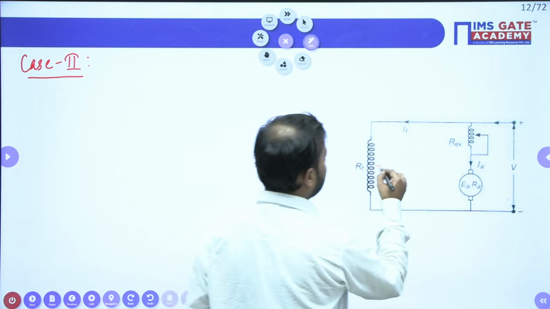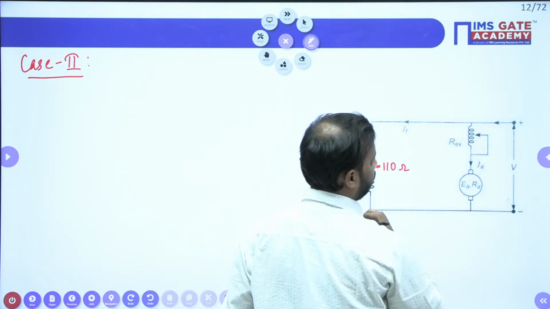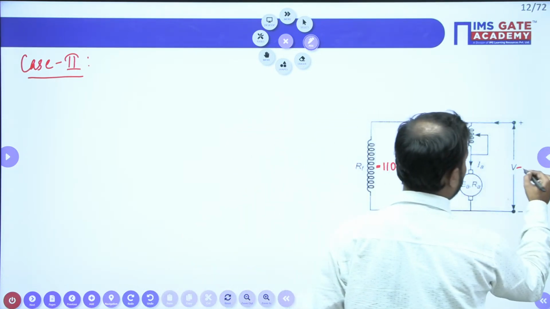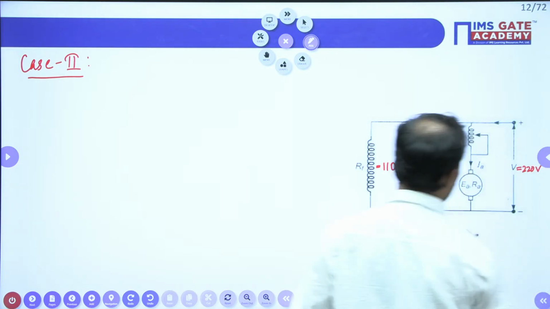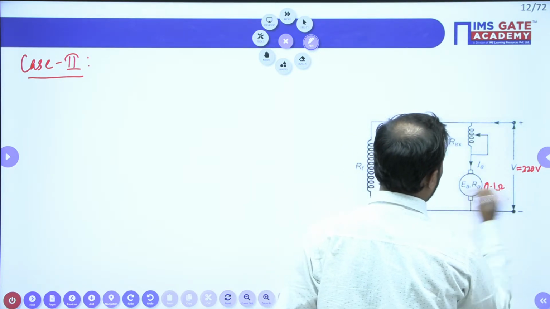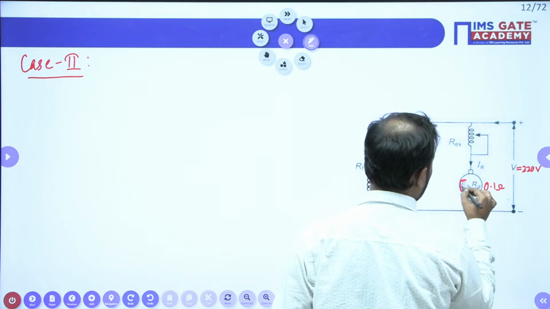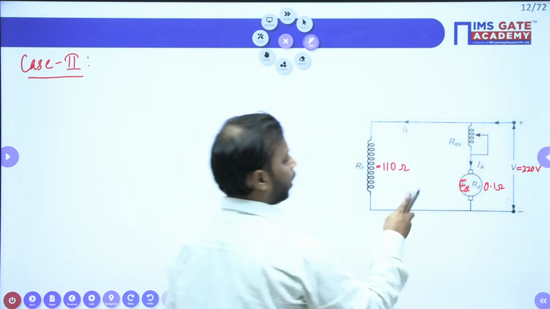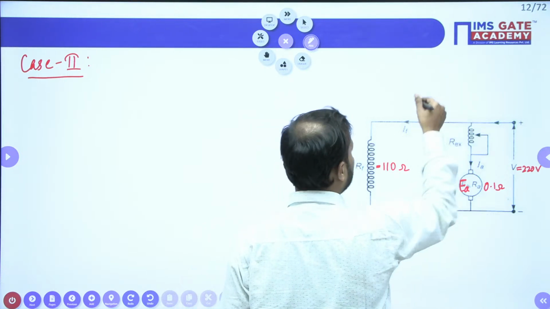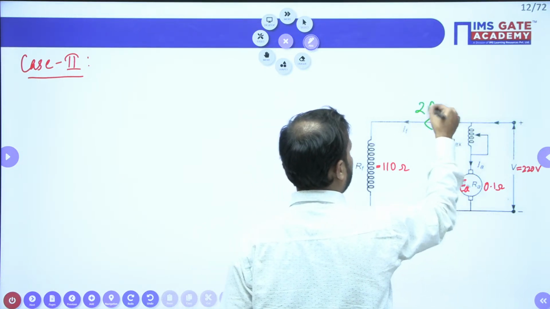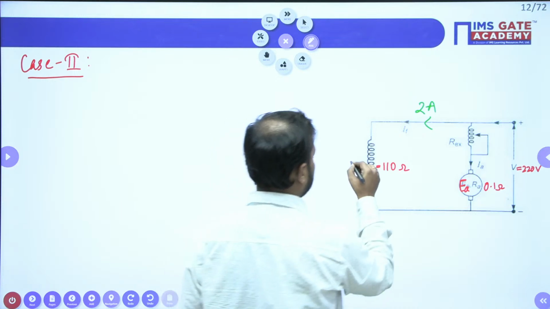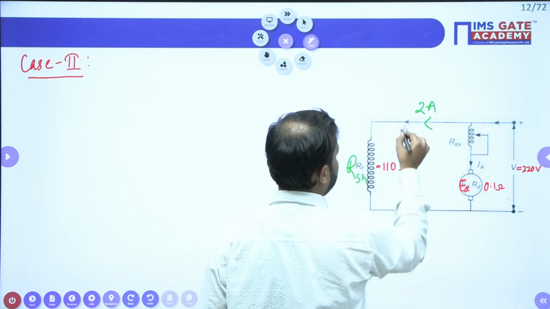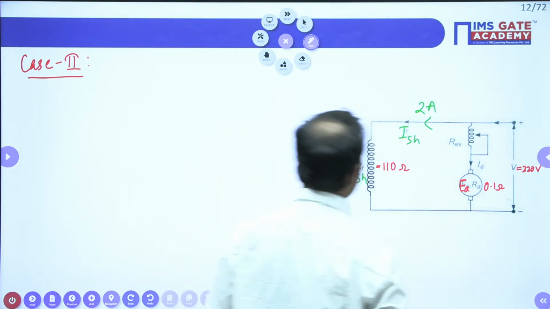So RF is 110 and VT is 220 volt. RA is 0.1 ohm and EA is unknown. And this REX is added. Again, here we have ISH, this is RSH.